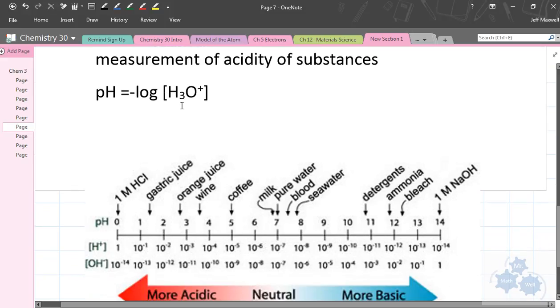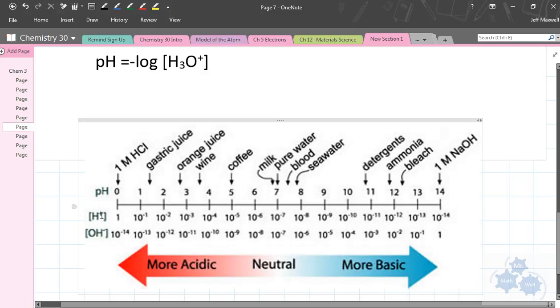You'll see H+ in different places, even on this chart. But we're talking about the negative logarithm. Some of you know about logarithms from math. You can just punch that in your calculator, no problem. The negative logarithm of the hydrogen ion or hydronium ion concentration. That's how you find pH.